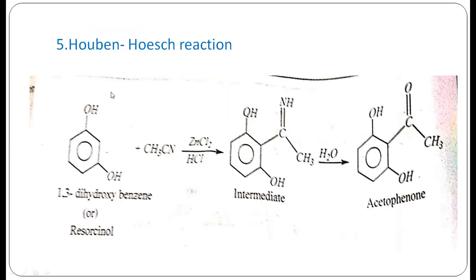Another reaction is the Houben-Hoesch reaction. In the Houben-Hoesch reaction, we can take resorcinol as a reactant. Here, as we know, the OH groups are electron donating groups on the benzene ring. This resorcinol reacts with methyl cyanide.